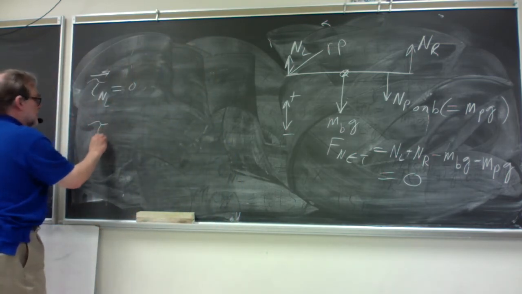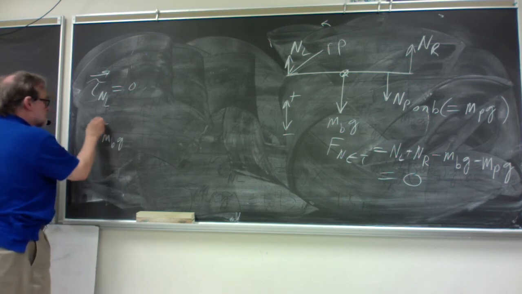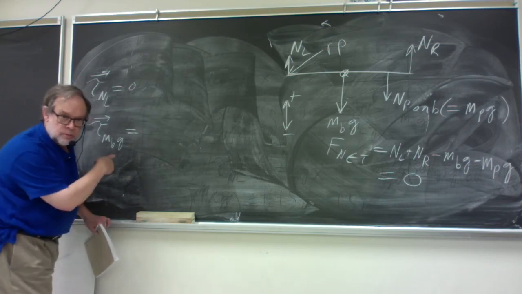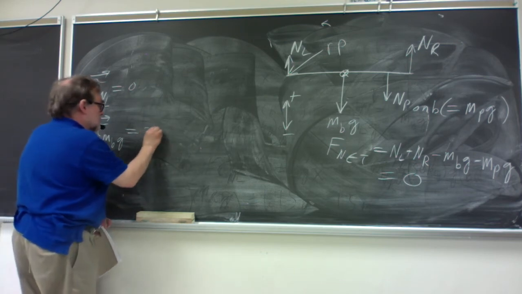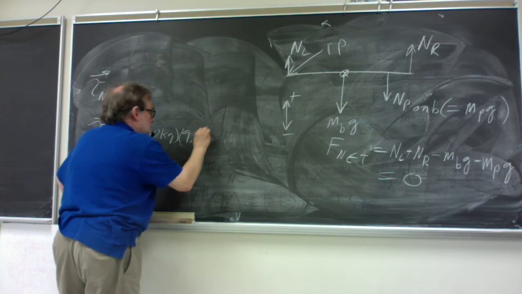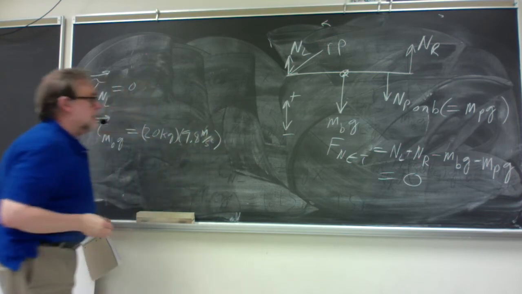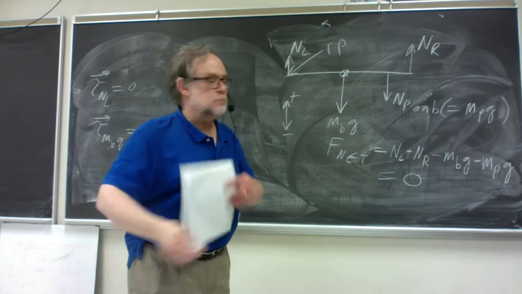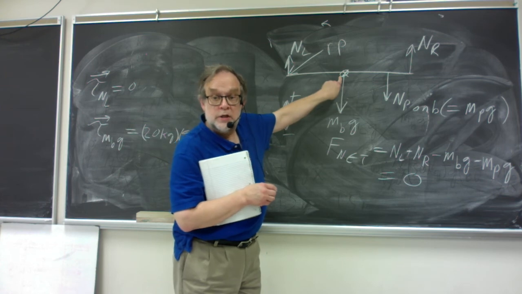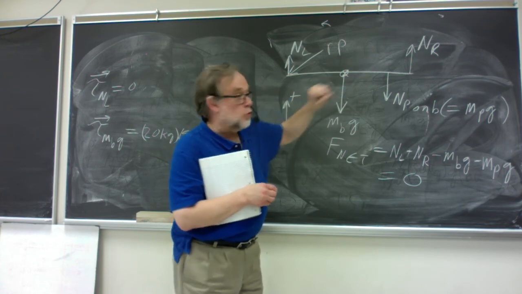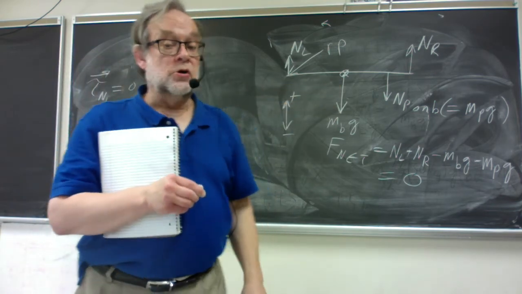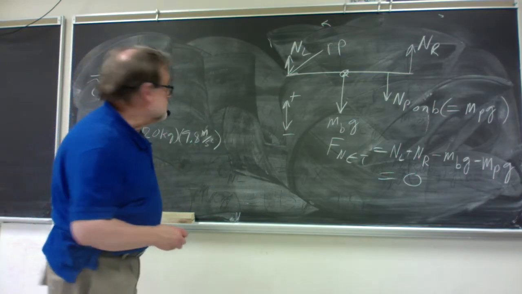Torque due to the weight of the board: remember the first factor is the force, the weight, which is mass times G, 20 kilograms times 9.8 meters per second squared, times the magnitude of the displacement vector, which in this case takes us from the reference point to this point here, right in the middle of the board. The whole board is 4 meters long, so the magnitude of the displacement vector is 2 meters.